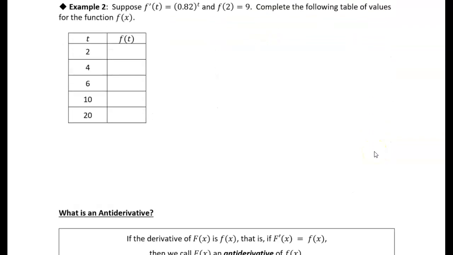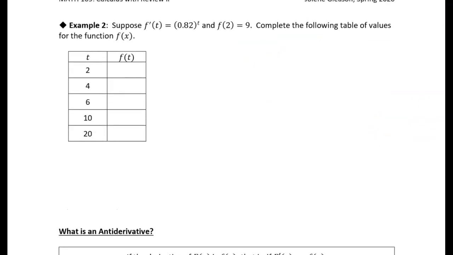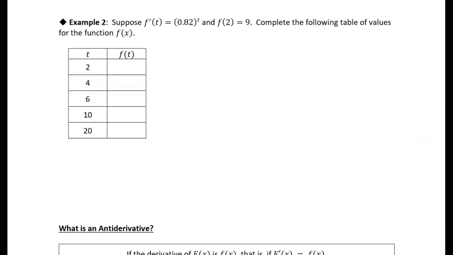Now, this is similar to what we did in 11.5. Here we go. In 11.5 we were given a graph of velocity, say, and then we were asked to find points on the original function and graph the function. Now in this case we're given the derivative function, and we're given a point of reference.